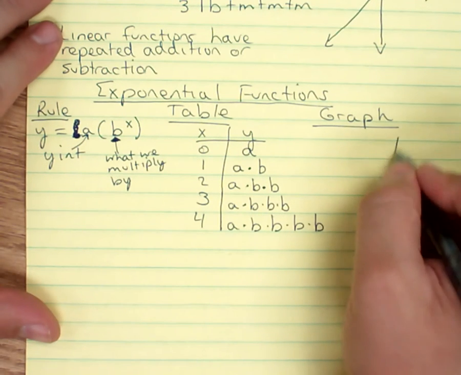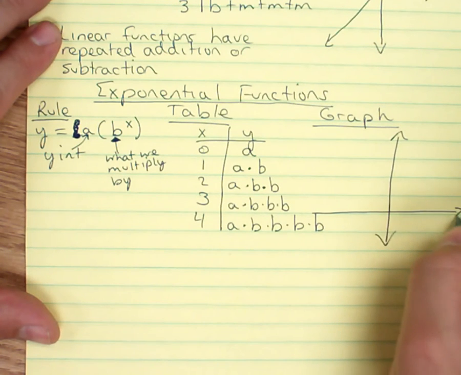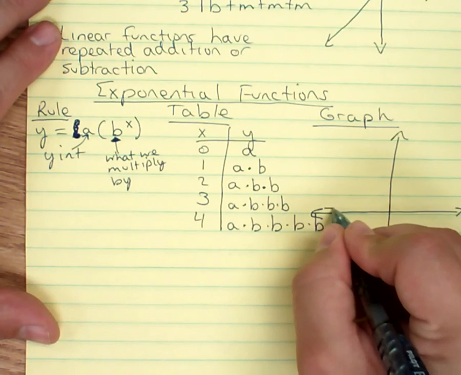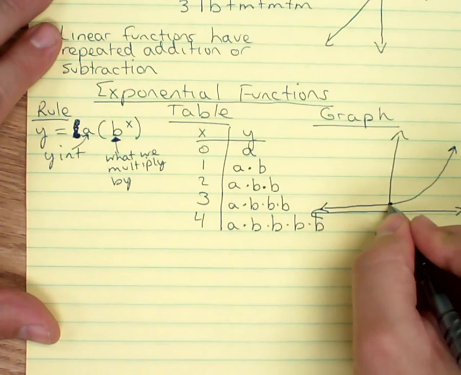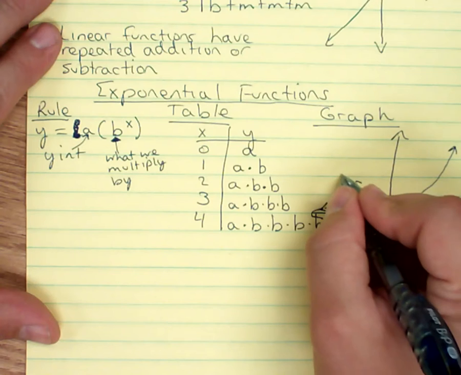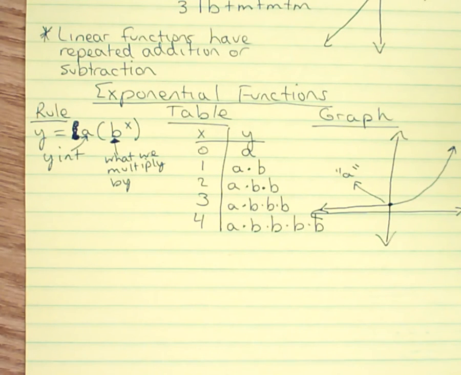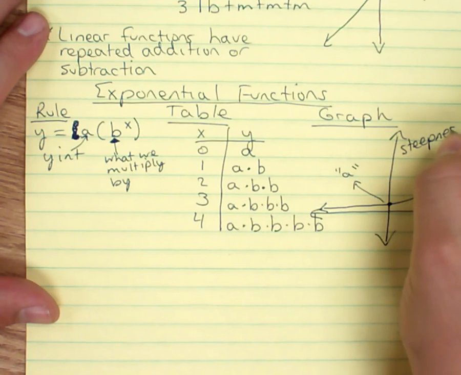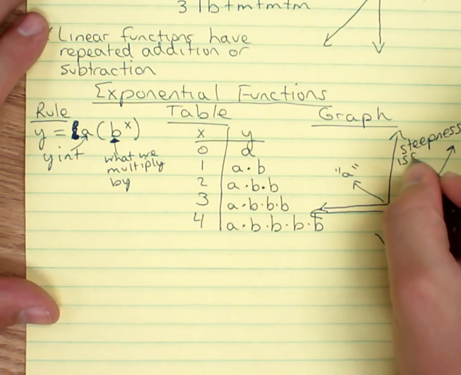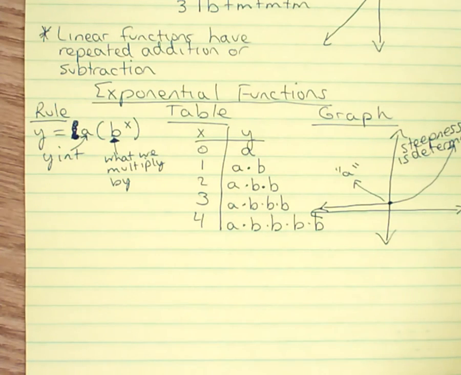And the graph. It does start slow, and it angles up quick. Once again, that's our y-intercept. And the steepness is determined by what?